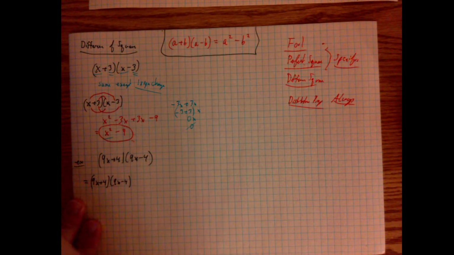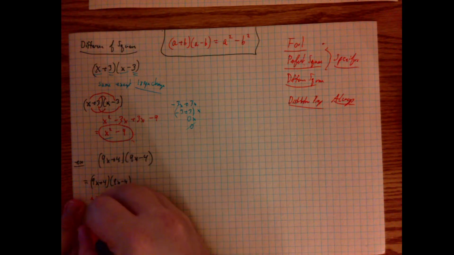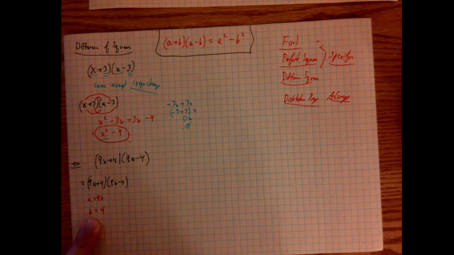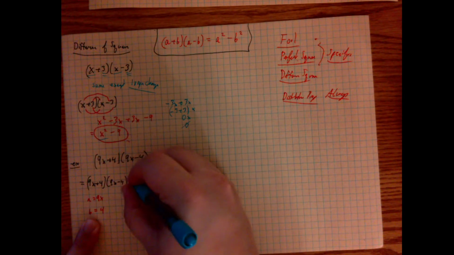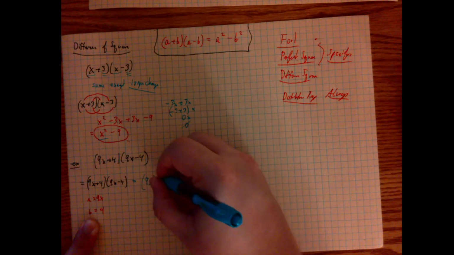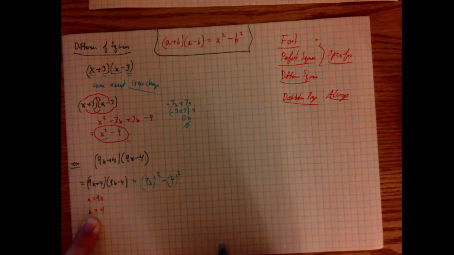In this case, my a would be 9x. My b would be 4. Okay, let's plug them in. We'd get a squared, which would be 9x squared, minus b squared, which would be 4 squared.